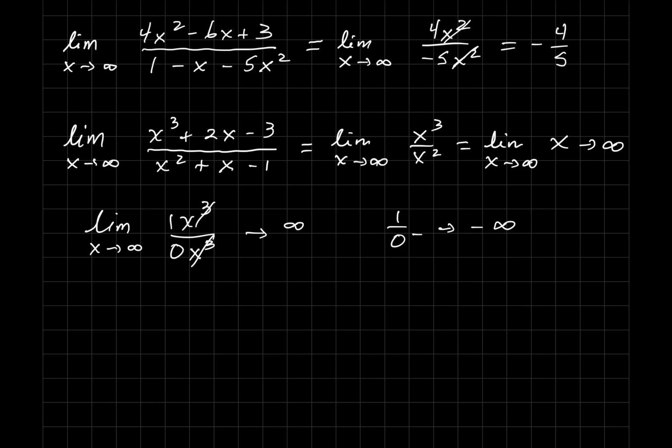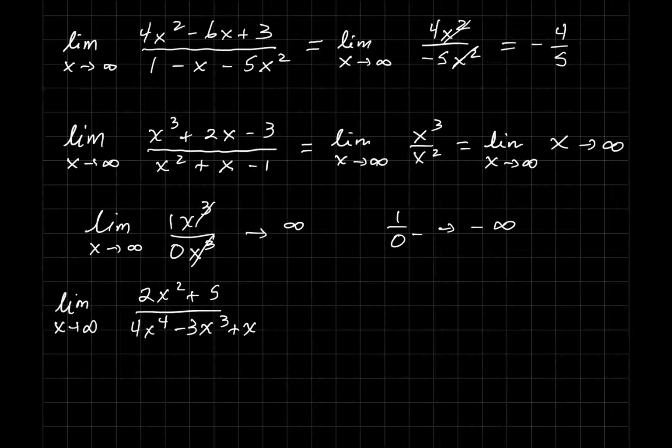So let's take a look at one final problem. The limit as x goes to infinity of 2x squared plus 5 over 4x to the 4th minus 3x cubed plus x. I'm going to do the thing where I take the highest powers top and bottom along with their coefficients.